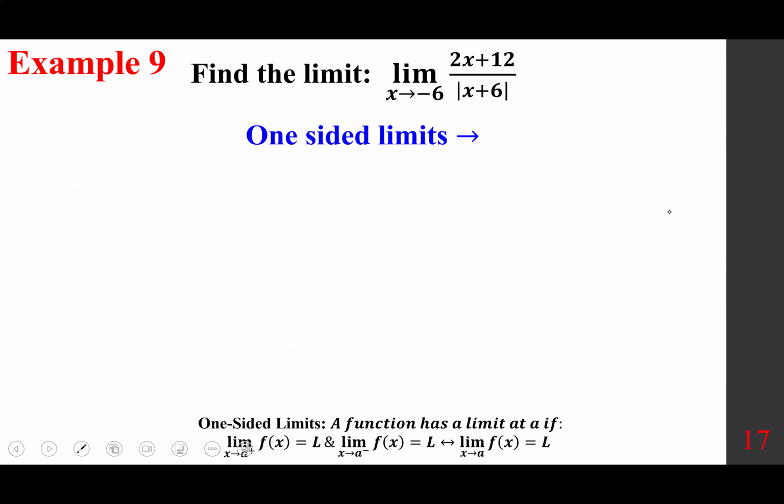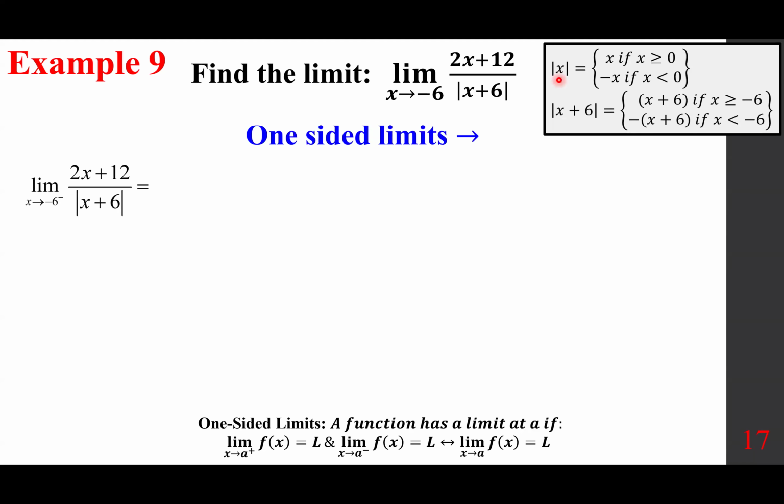Find the limit of (2x plus 12) over the absolute value of (x plus 6) as x approaches -6. Let's evaluate this, and to do so, I'm going to remind everybody. Okay, so I want to look at one-sided limits. As you know, the absolute value of x by definition is distance from 0.